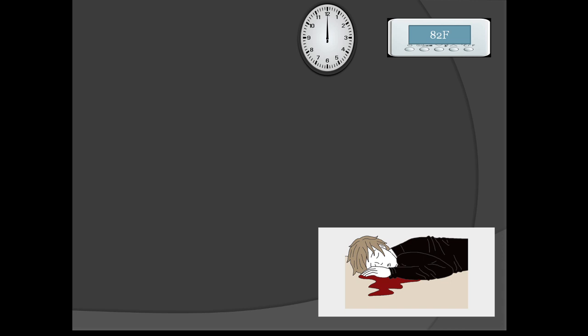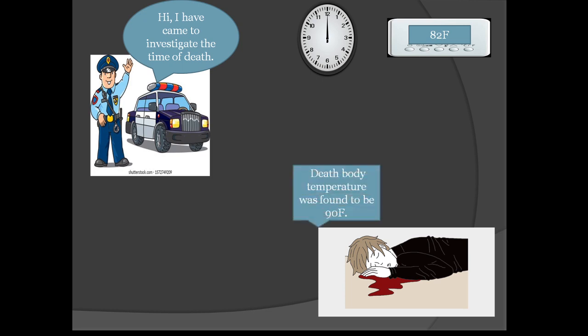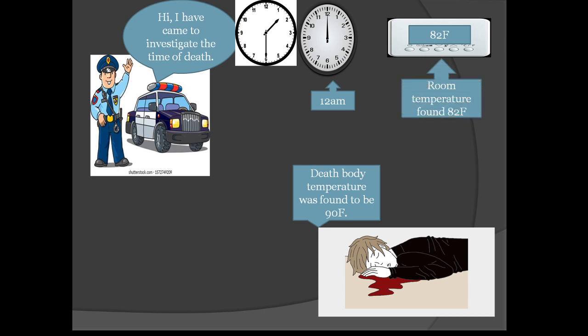Let us consider a situation in which someone found a dead body in a room and called the police for the investigation. Police came to the room, and as soon as he entered, he measured the body temperature of the dead person, and it was found to be 90 Fahrenheit, at the time of 12 a.m. After 1.5 hours of investigating the room in search of some evidence, he came to know that the room temperature was 82 Fahrenheit.